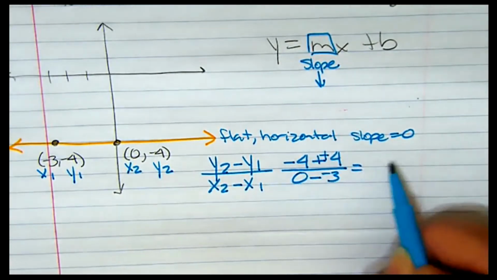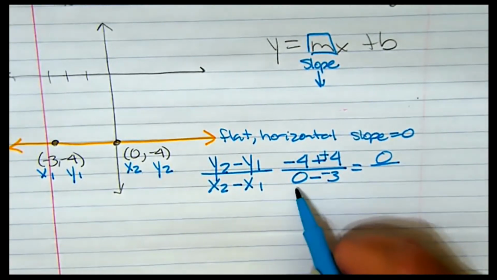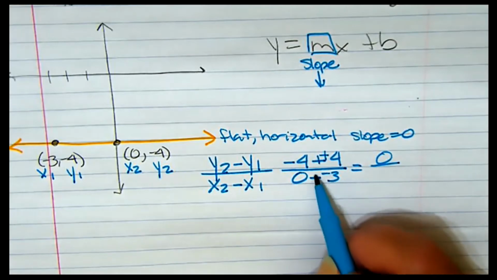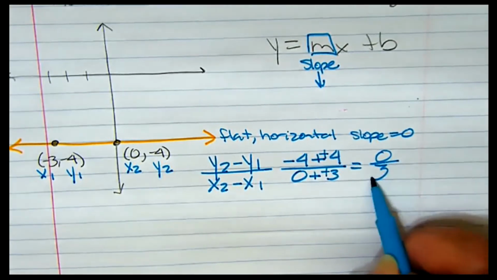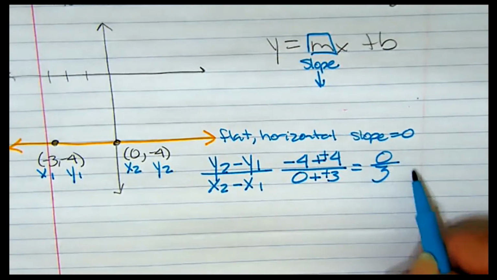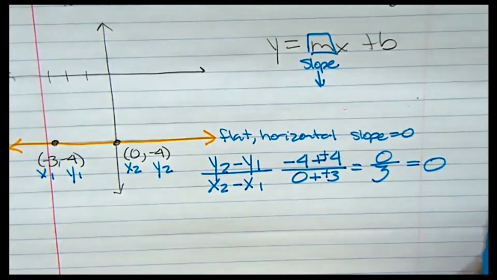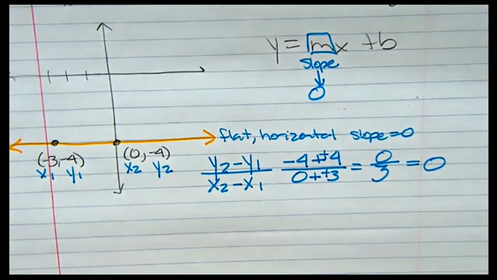So -4 plus 4 is 0. 0 minus a -3, that's positive. 0 divided by anything is 0. So my slope is 0.